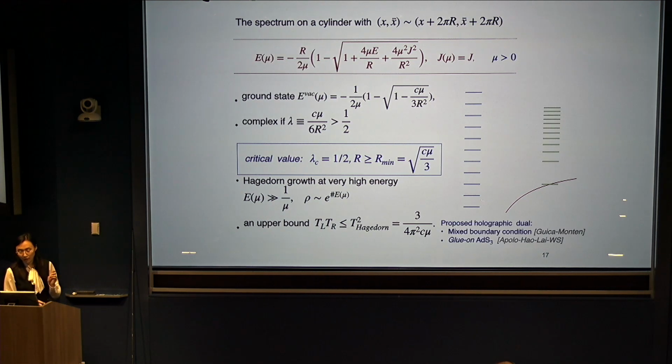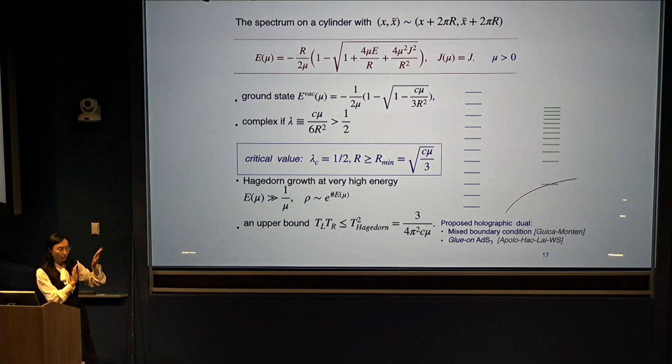You can also ask about the holographic dual. Actually, the mixed boundary condition proposal also works with this sign. Alternatively, we can also glue another patch of AdS to the asymptotic boundary of the original one.